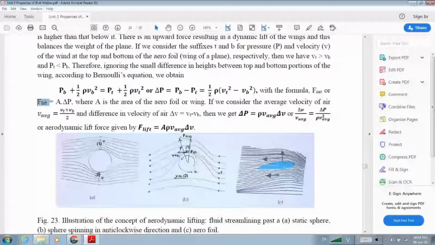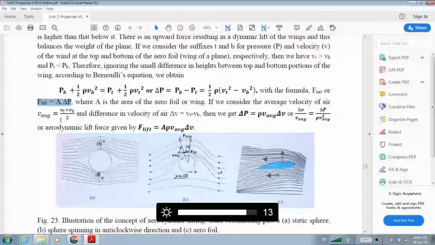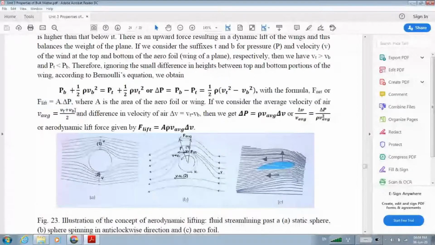If we consider the average velocity of the air at the top and the bottom of the airplane wing, it is given by Vt plus Vb by 2. Vt means the velocity of the streamlines at the top of the aeroplane wing, and Vb is the velocity of the streamlines at the bottom.